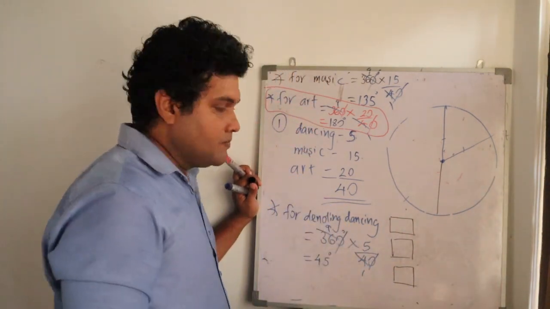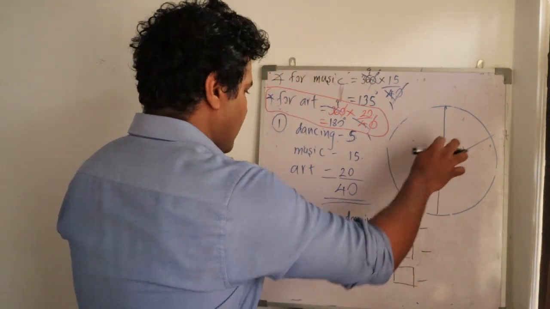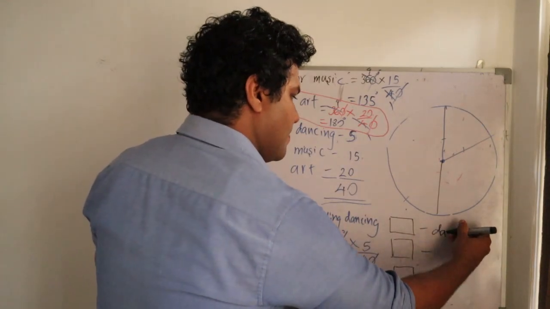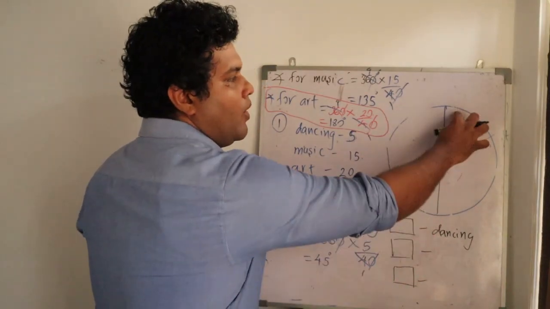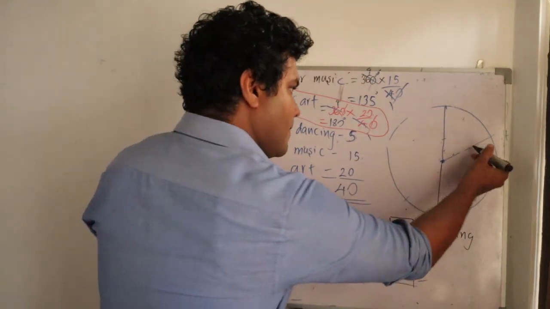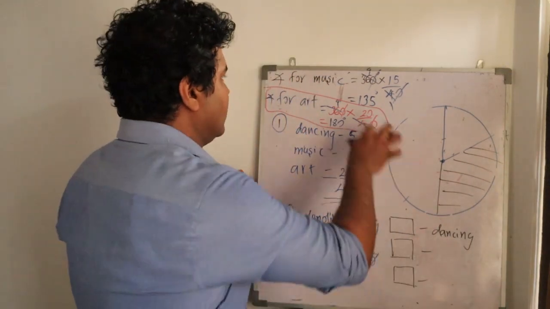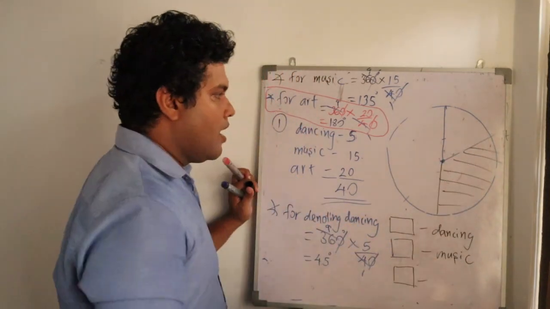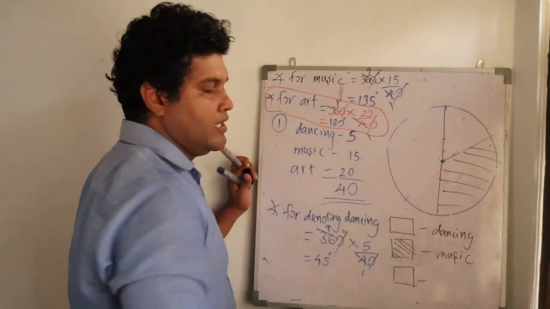denoting some patterns. The first one, for dancing, I can leave a white color space. And for music, I can leave a shaded portion.